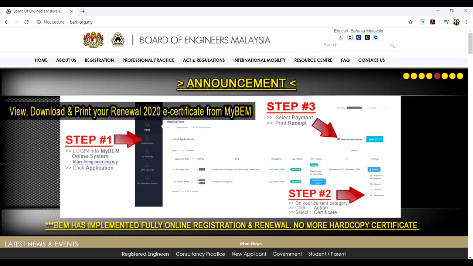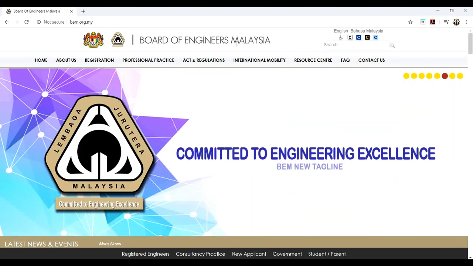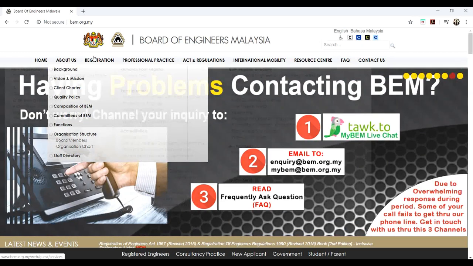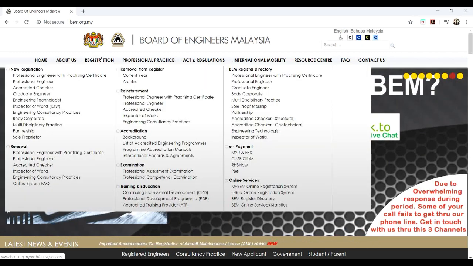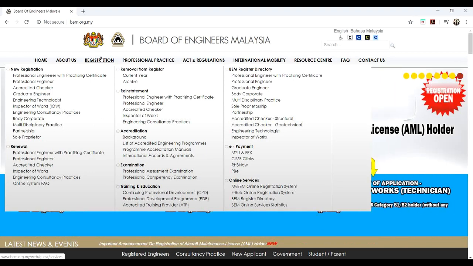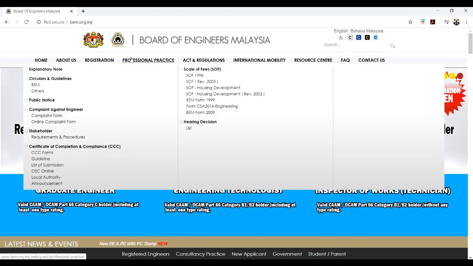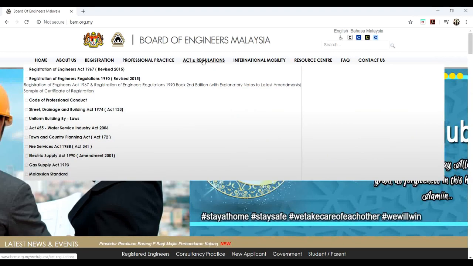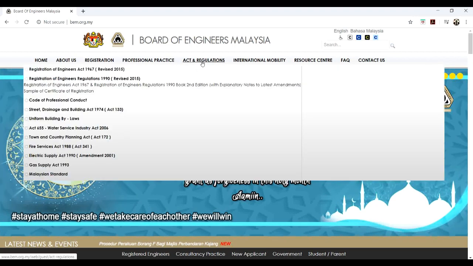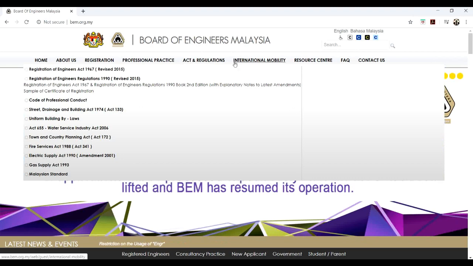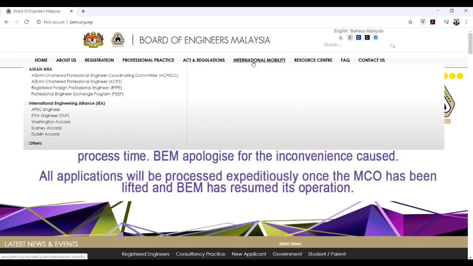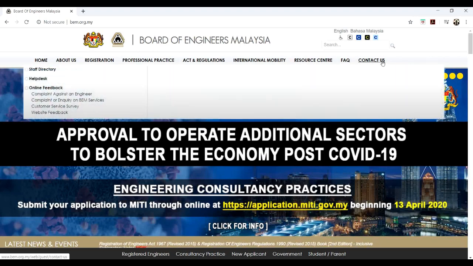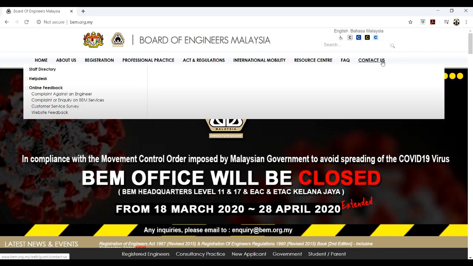There are many submenus, such as the information of BEM, the registration of the engineering profession according to BEM, the professional practice of the engineering profession, the acts and regulations according to BEM for engineering, the international mobility, resource center, fact, and lastly, the contact information of BEM.